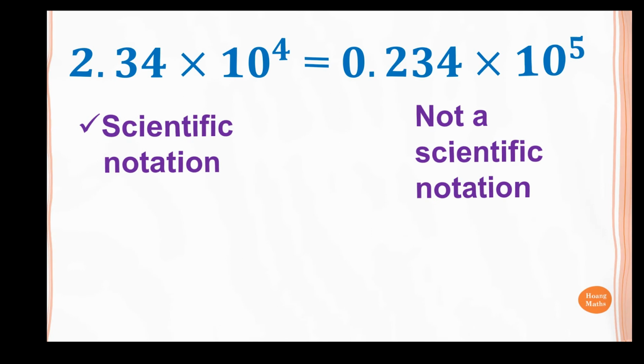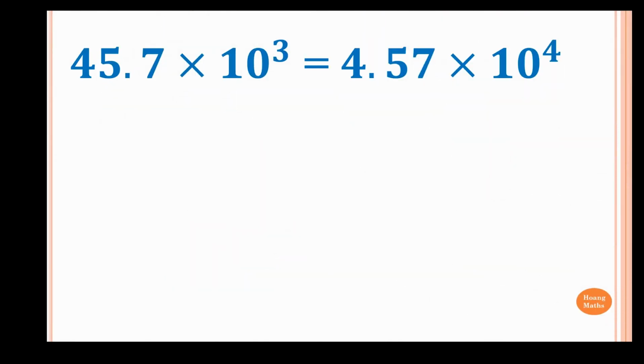Another example. 45.7 times 10 to the power 3 is also equal to 4.57 times 10 to the power 4. So this is 45.7, so it's not a scientific notation. Remember, this must be between 1 and 10.